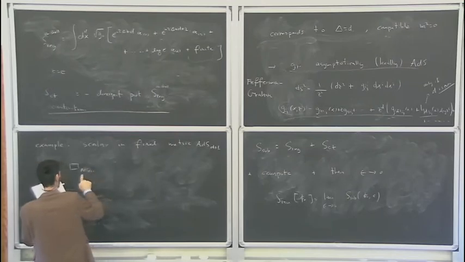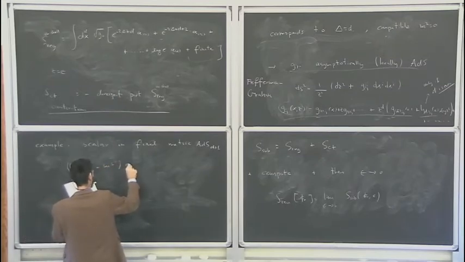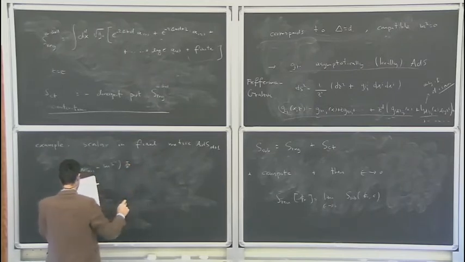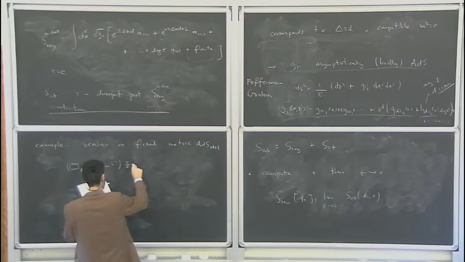Now I have one small difference, which is that I can take general D. So here now I denote this with capital phi, for a reason which is clear in a second.